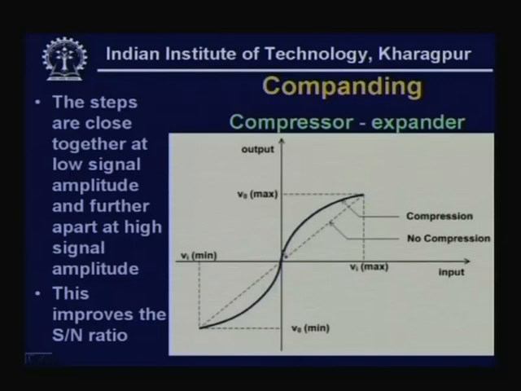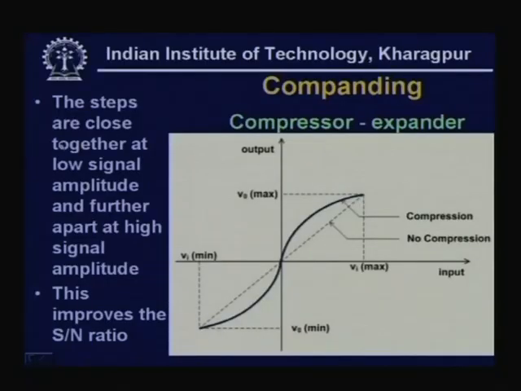But whenever you are using compression, the slope is more for smaller values than for higher values. Then after passing through this nonlinear circuit, you can apply the signal to the analog to digital converter, and this will avoid the problem that we have already discussed. So, the steps are close together at low signal amplitude and further apart at high signal amplitude, and this improves the signal to noise ratio, particularly when the signal level is low.